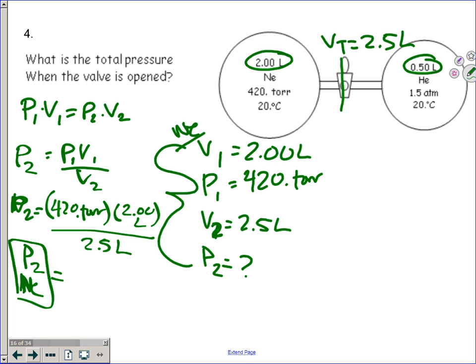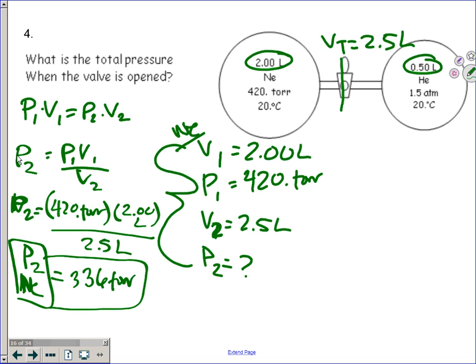I'm not sure what this is. What is this in torr? Loud and proud, I'm done up here. 336. Thank you. Somebody's got me here. All right, so that's our partial pressure of neon in the bigger container.